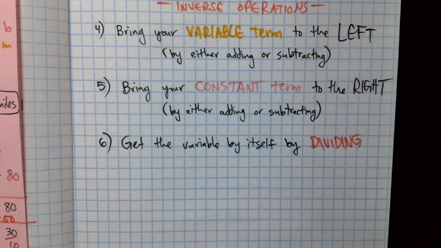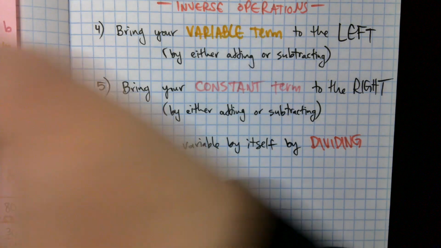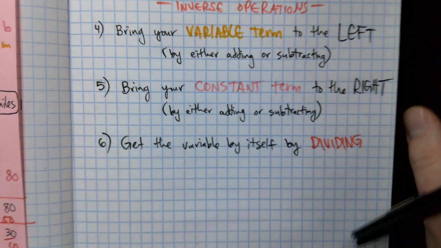We're going to get the variable by itself by dividing. After I finish step 6, I should have something like x equals 2 or b equals 4.